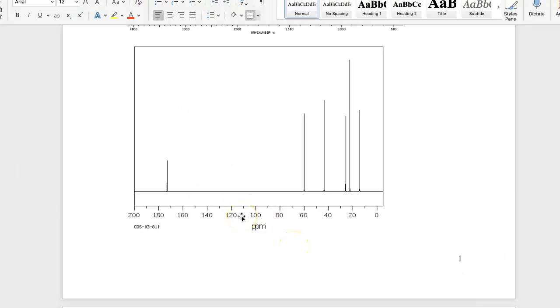Also, if we take a look at what's going on right here, this would be upfield over here, and this would be downfield. The farther downfield a signal is, the closer it is to a more electronegative atom.